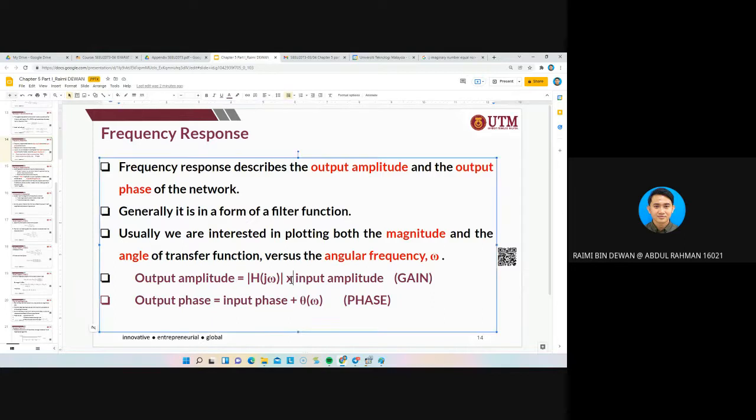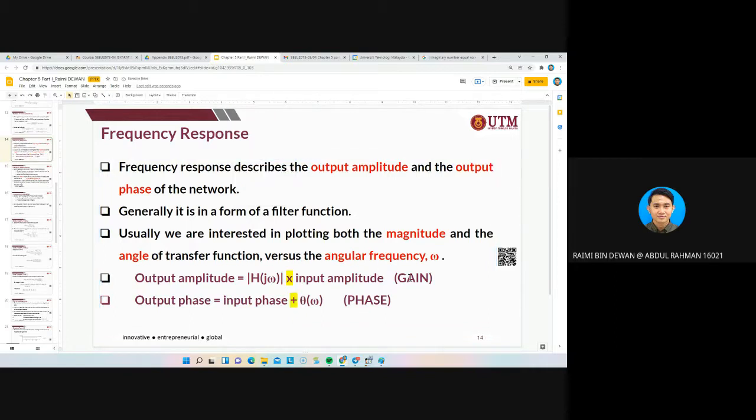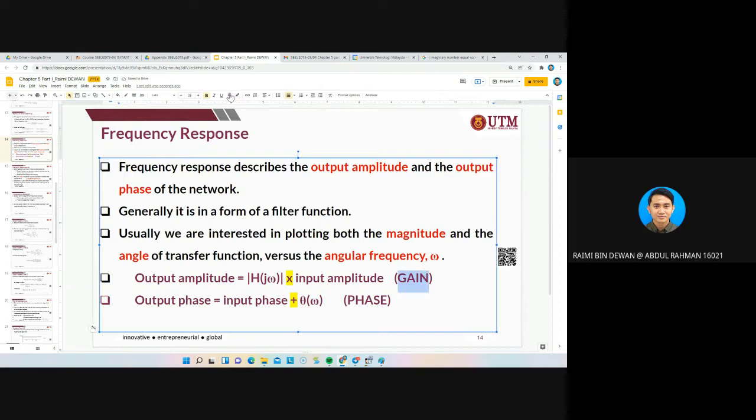You need to see this properly. This one is multiply, and this one is plus. So this is your gain, and this is your phase, to obtain the output phase.